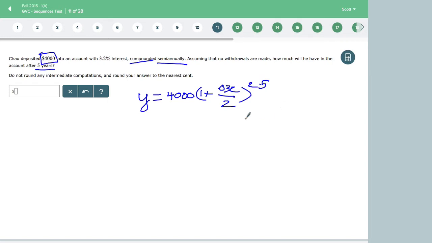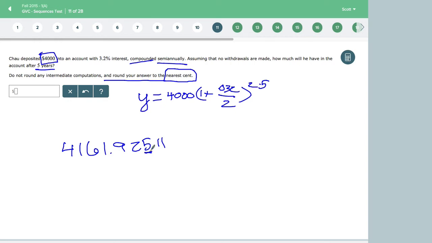And when we enter it all into the calculator, we have 4,000 parentheses 1 plus 0.032 divided by 2 parentheses raised to the 2 times 5 power, and we get 4161.92511, and we want to round our answer to the nearest cent.